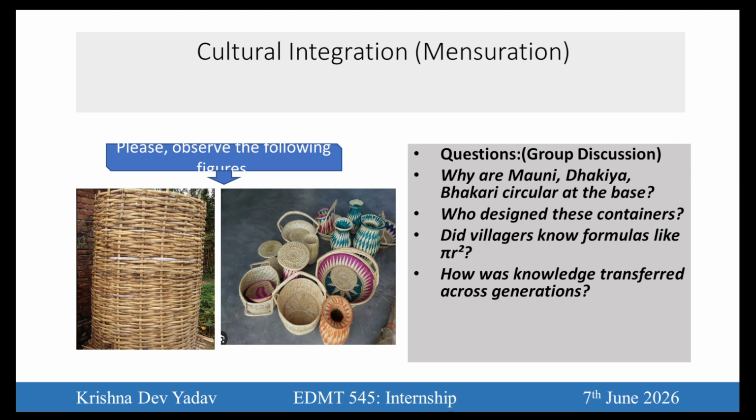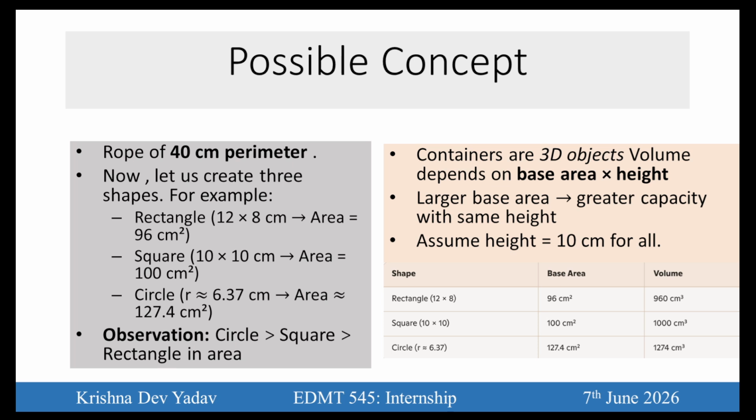So here is a possible concept. Now let us perform a simple investigation. Suppose we have one rope with a perimeter of 40 centimeters. Using the same rope, we make three different shapes: first a rectangle, second a square, and third a circle. Then we calculate their areas.